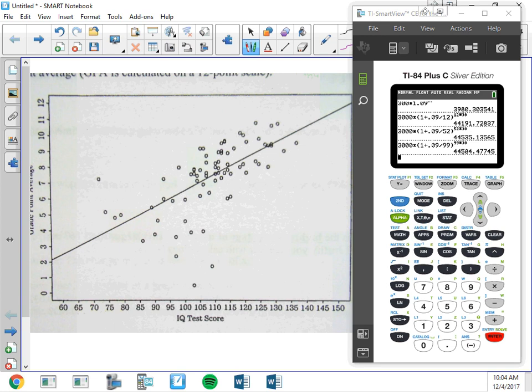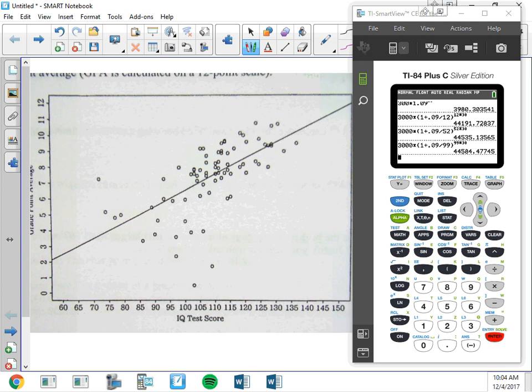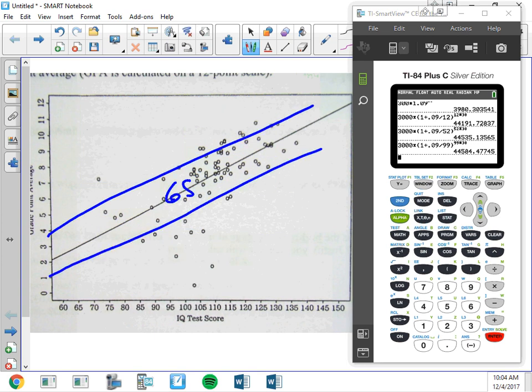So the SD tells us that there are 68% in that window. The RMS error tells us that there is 68% in that window. But that window is smaller than the horizontal window, because the regression line is closer to the points than the average line is.